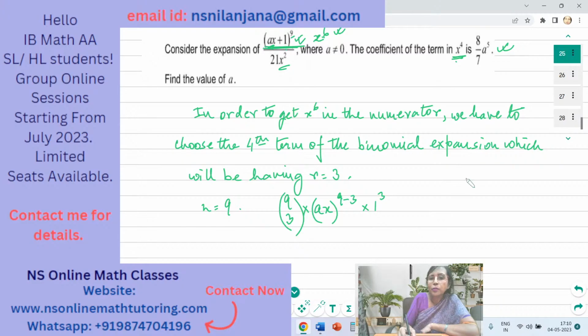I'm writing the expression over here just for you to see. It is ax plus 1 whole to the power of 9 divided by 21x squared, writing the whole thing.